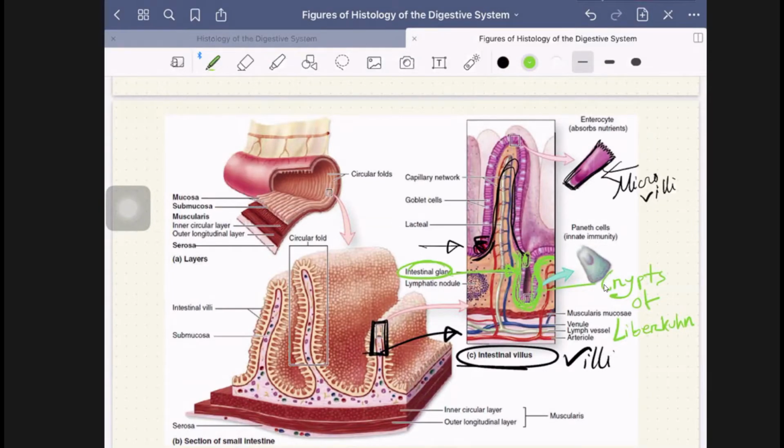And there will be some absorptive cell. They will absorb the digestive end products. There will be some goblet cell, and there will be one important cell, that is Paneth cell. So Paneth cell is one important cell of the intestinal gland, and their main function is to provide immunity.